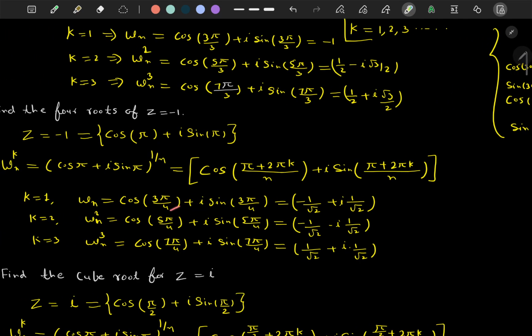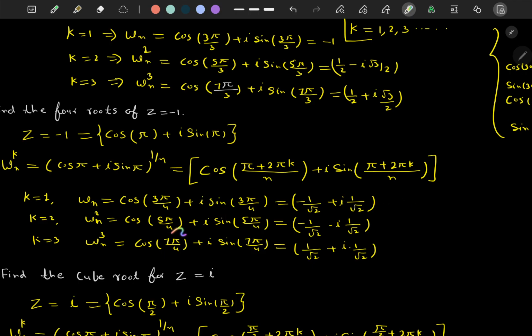So what is 3 pi by 4? You can say 45 multiplied by 3, so 90 plus 45. So cos of 90 plus 45 will be sine 45. In the second quadrant, cos will be negative, so minus 1 by under root 2 will be there. Similarly, sine will be positive.